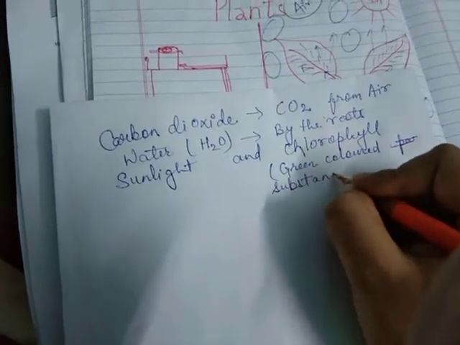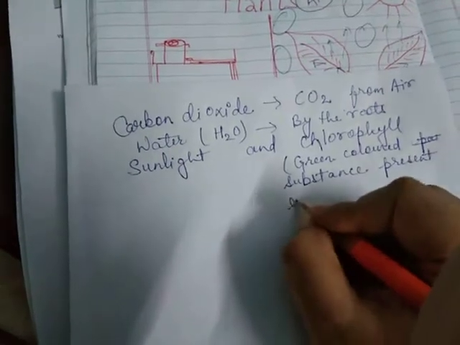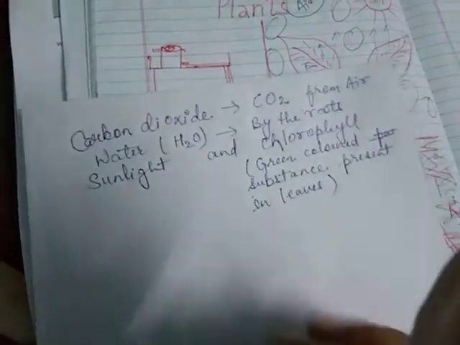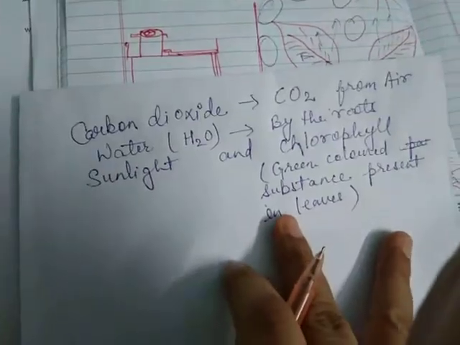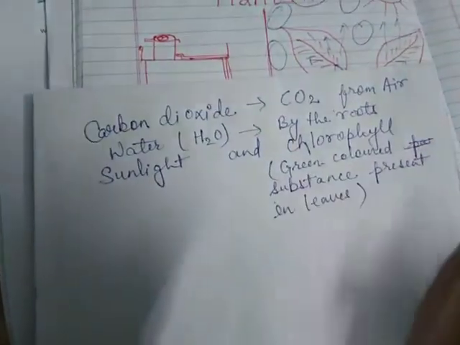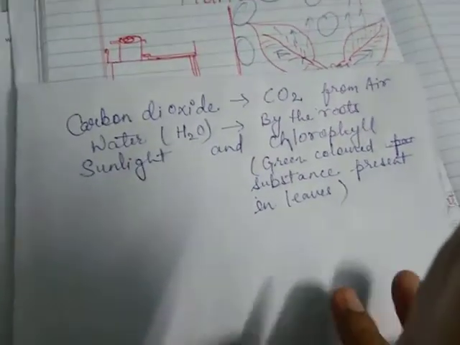It is a green colored substance present in leaves, which gives green color to the leaves and which helps in making food for the plant.